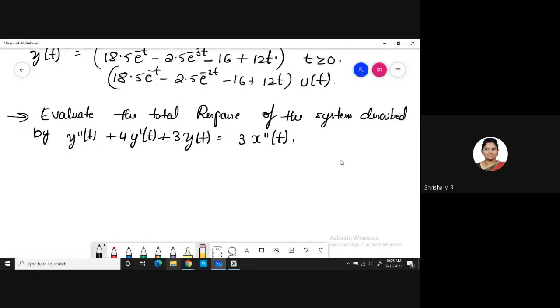They have given x of t is equal to 4 into e power minus 2t into u of t. The initial conditions are y of 0 is 0 and y dash of 0 is also equal to 0. So try solving this.